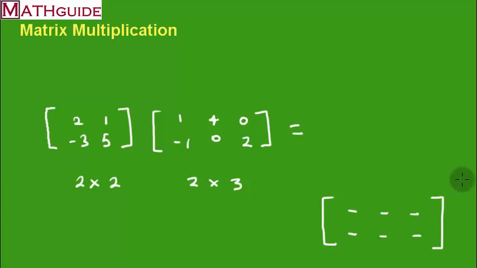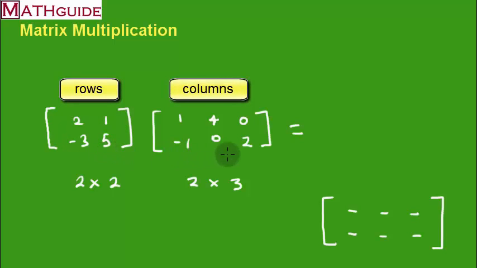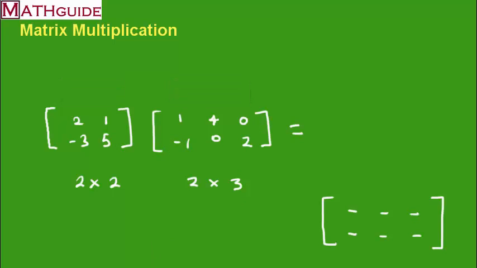All right, now let's talk about the algorithm necessary for us to multiply the matrices. When we do these problems, we're always going to take the rows of this matrix and multiply them by the columns of this matrix. Let's take a look at how that works.